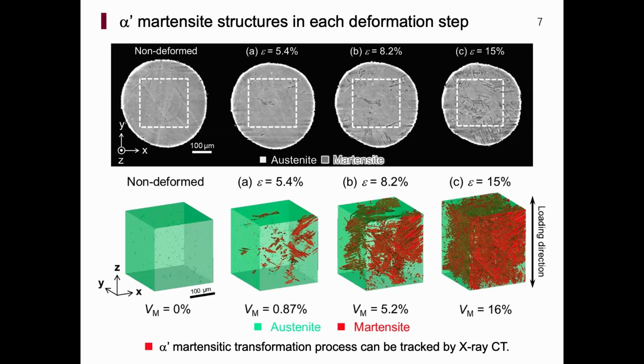So from 3D images extracted from these regions, we found the volume fraction of martensite product increased with higher strain levels. So in this way, we achieved non-destructive 3D in situ observation of alpha prime martensitic transformation by X-ray CT.